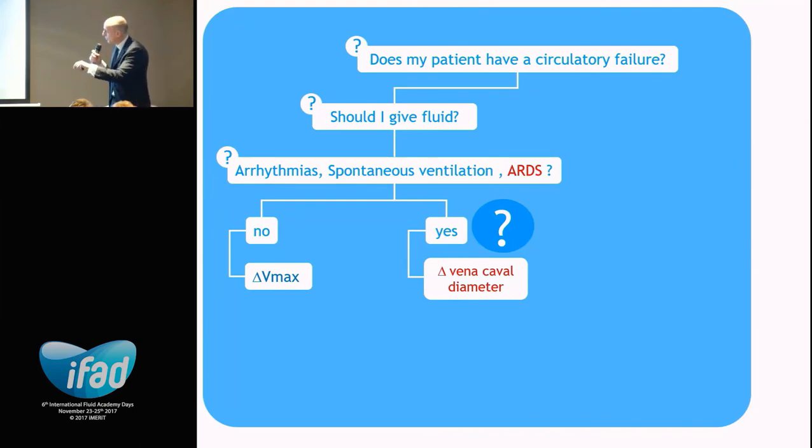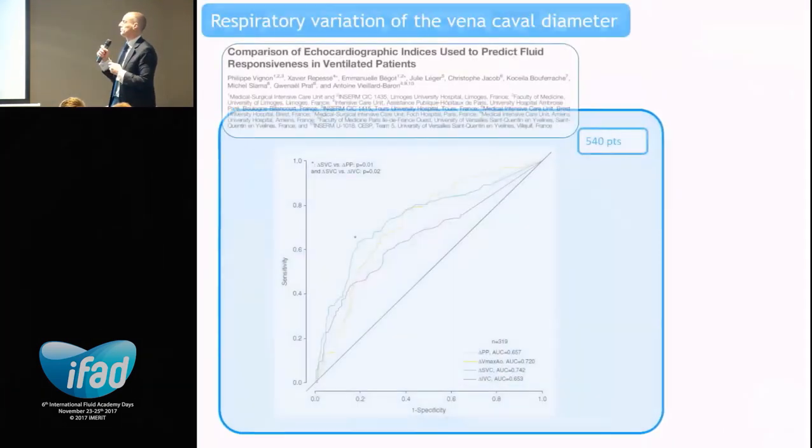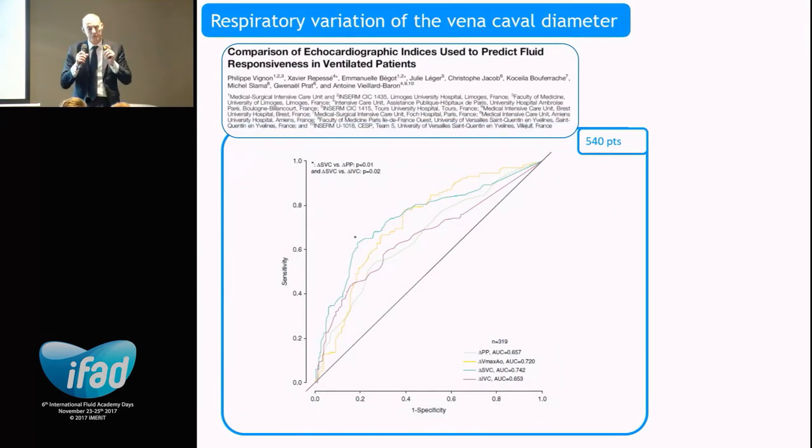Is it useful here? In fact, no. Two points. First, it's likely that these criteria, superior and inferior, are not that good to test fluid responsiveness. In a very large study, you see that the area under the ROC curve, here in purple, is low, in fact, in real life.